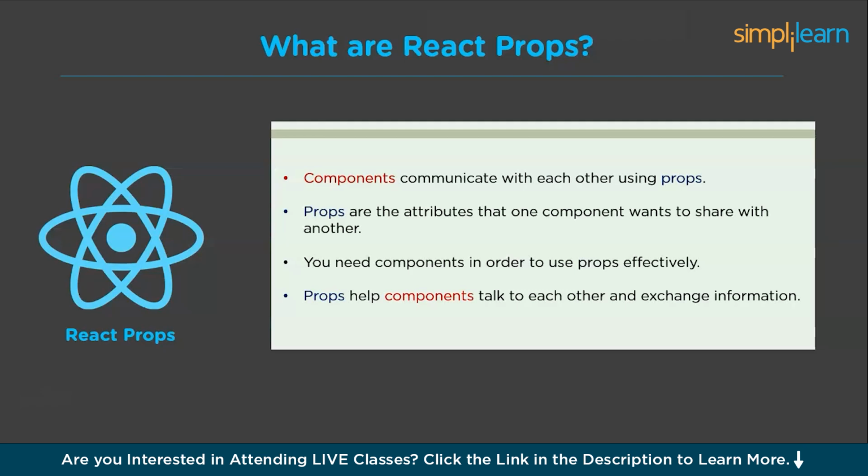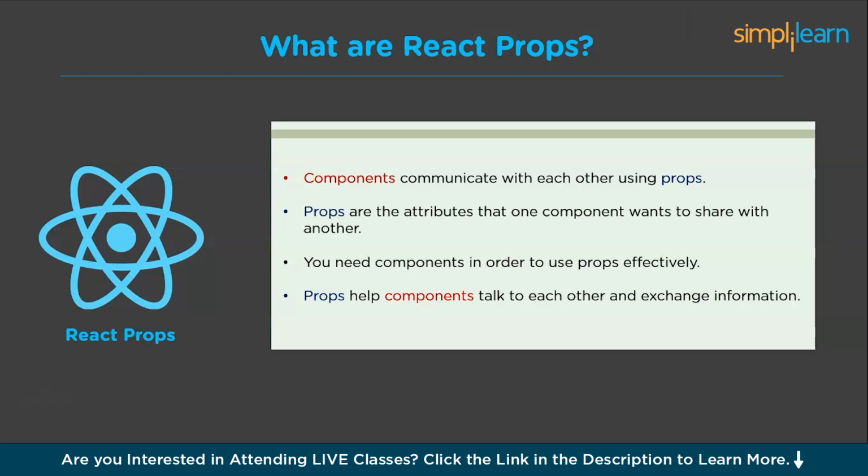In React, props represent the specific details or attributes that one component wants to share with another. Remember, props or properties only make sense within the context of components. In other words, you need components in order to use props effectively. Props help components talk to each other and exchange information, making it easier to build dynamic and interactive user interfaces in React.